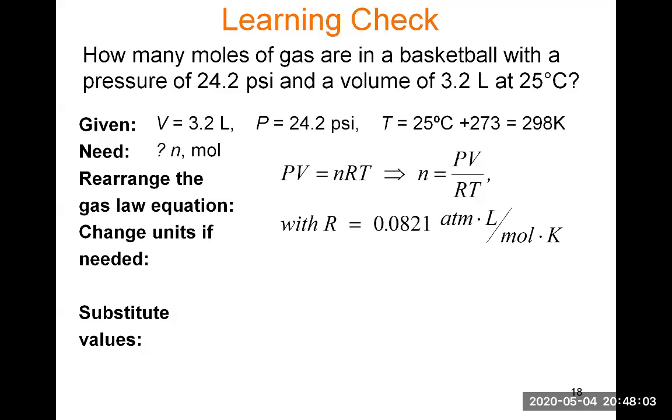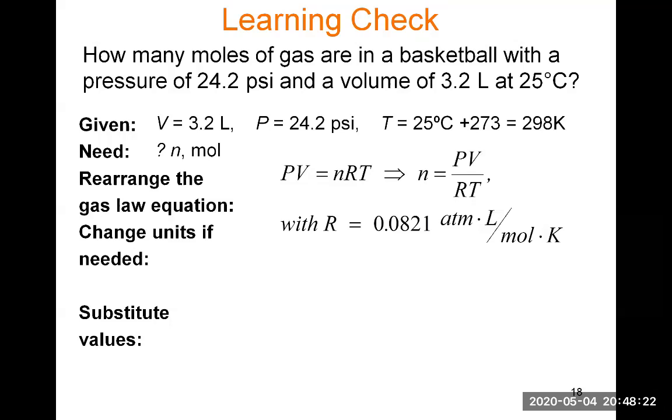So we need to choose the value of R. And here you could choose millimeters of mercury or atmosphere, because the pressure here is given in PSI, and you don't have an R value for PSI.